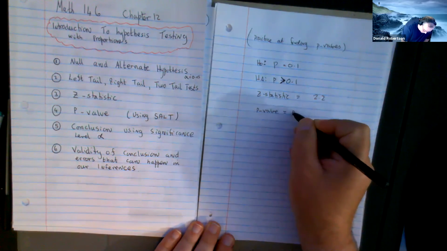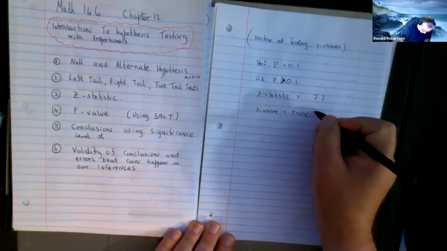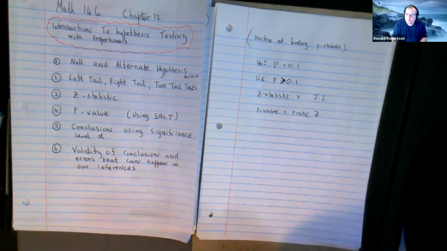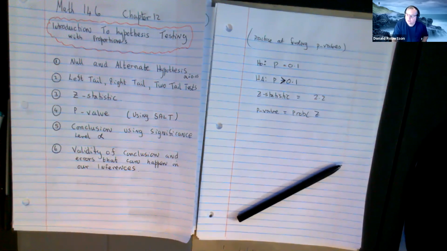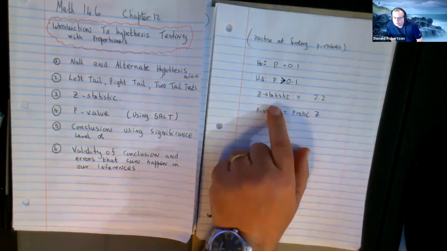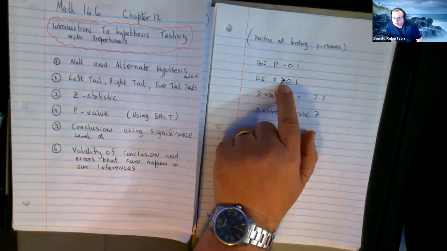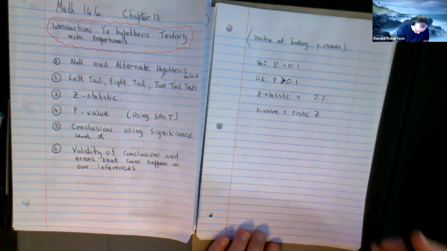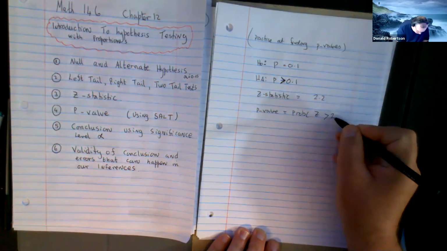Now that's the probability that you get a Z score less than 2.2, more than 2.2. Which one of them is it going to be? Well, you decide that by looking up here. Do you see how this is greater than 0.1? So you're looking for what's the chance that you get a Z score greater than 2.2.